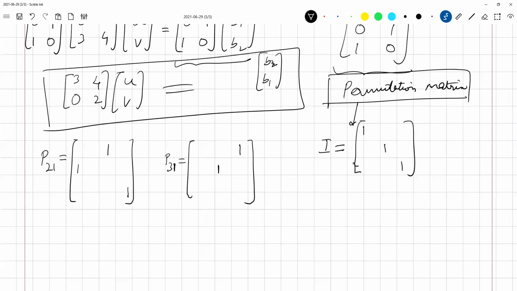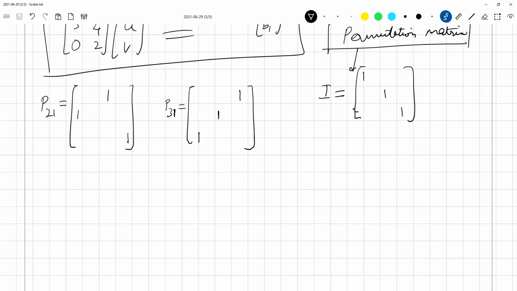When we are doing P31, we do it with the identity matrix, not with P21, because P21 has nothing to do with the exchange between 3 and 1. We are directly exchanging rows 3 and 1 of the original matrix. So this is P31.